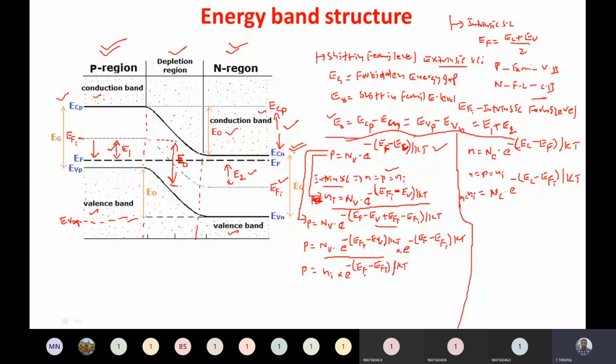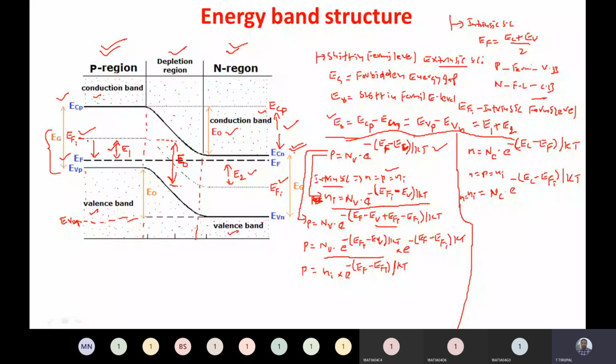Now get me the expression for shift in the Fermi level, which is called EFI minus EF. Because see this in p-type semiconductor, this is the p-type semiconductor. Originally the Fermi level is here, the intrinsic Fermi level EFI. Now in p-type semiconductor, because we are doping with p-type impurities, it has been shifted toward the valence band. So it has been formed as EF.